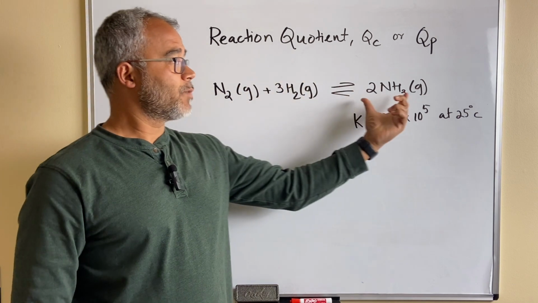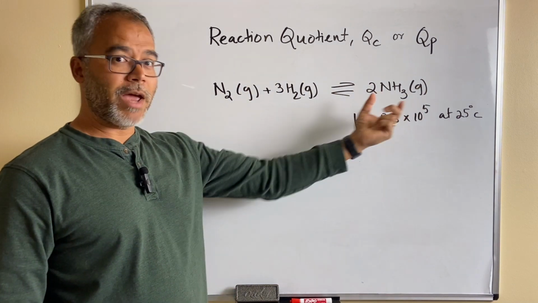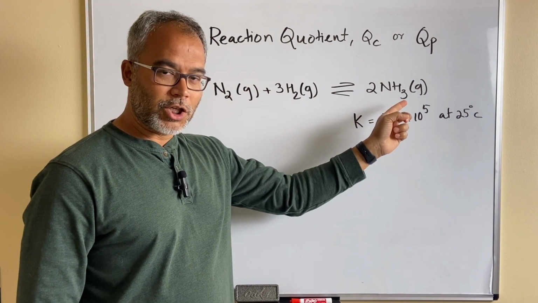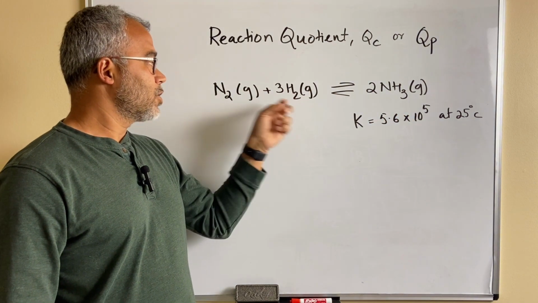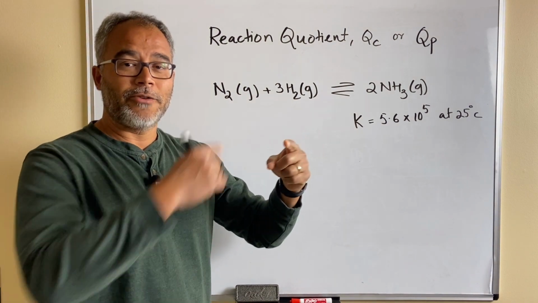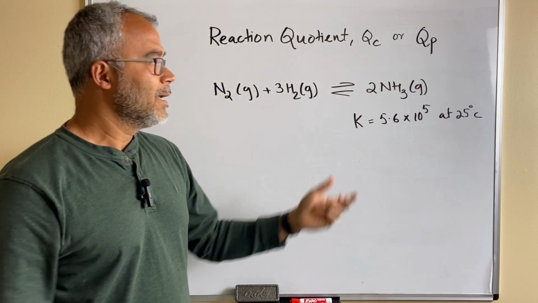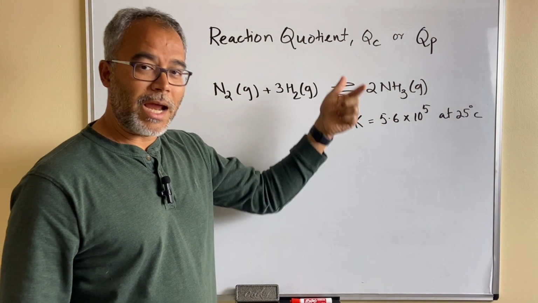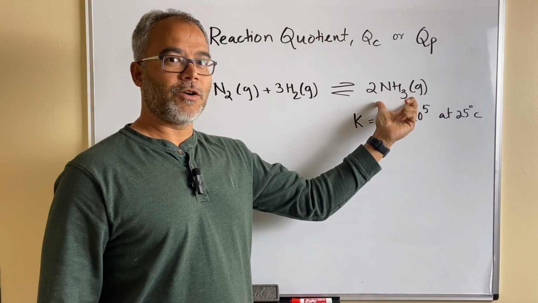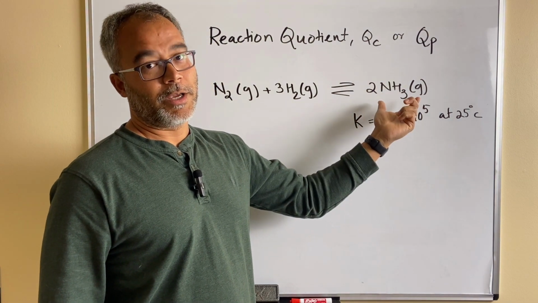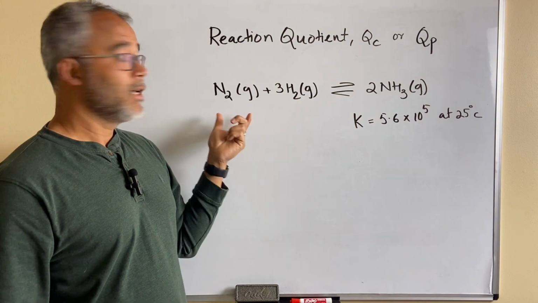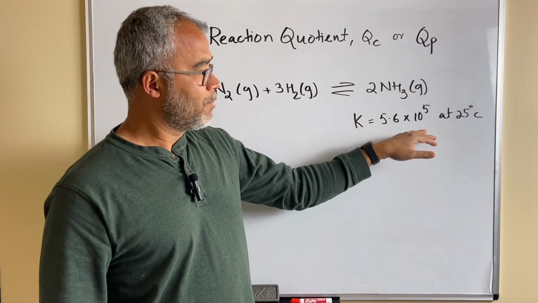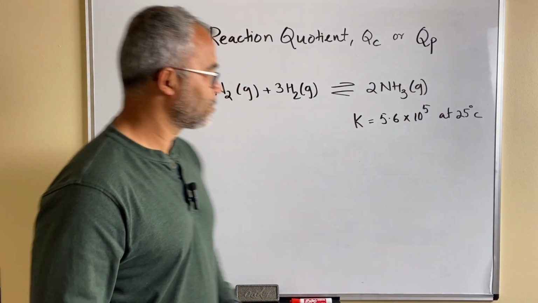The forward reaction is producing the NH3 and the reverse reaction is producing the N2 and the H2, and the rate of production of NH3 and the rate of production of H2 and N2 are at a dynamic equilibrium, which means that the NH3 is being produced and consumed at the same rate, which means the effective concentration is going to be constant. Same story for H2, same story for N2. Therefore, the equilibrium constant is a particular number at 25 degrees Celsius.